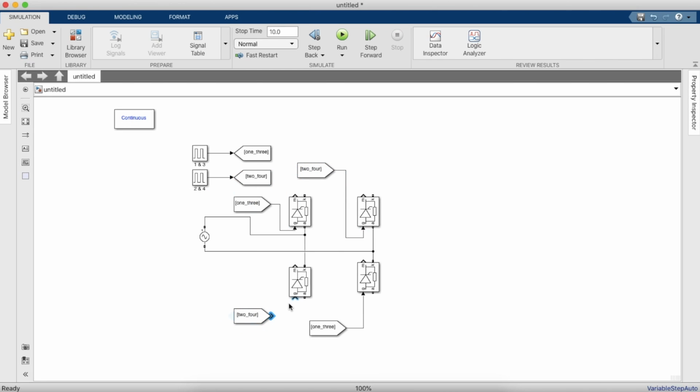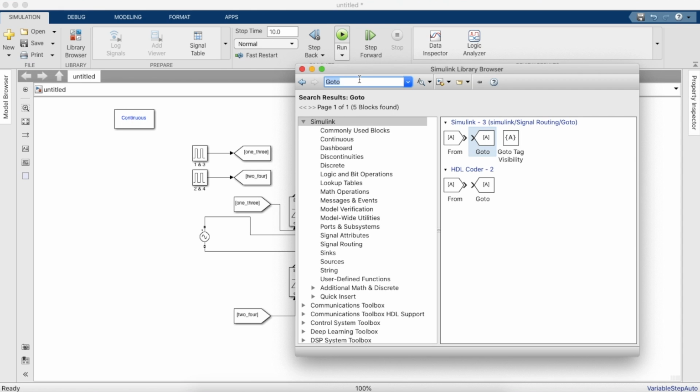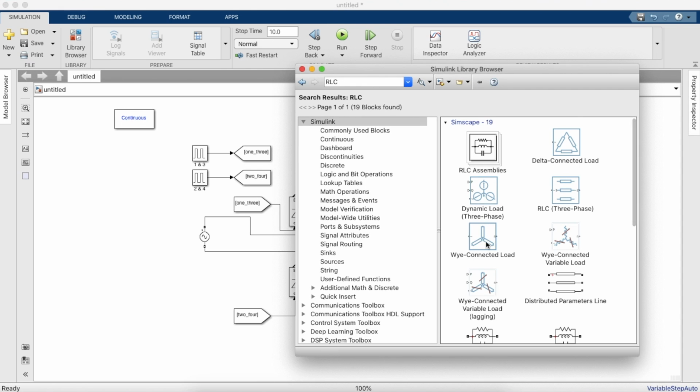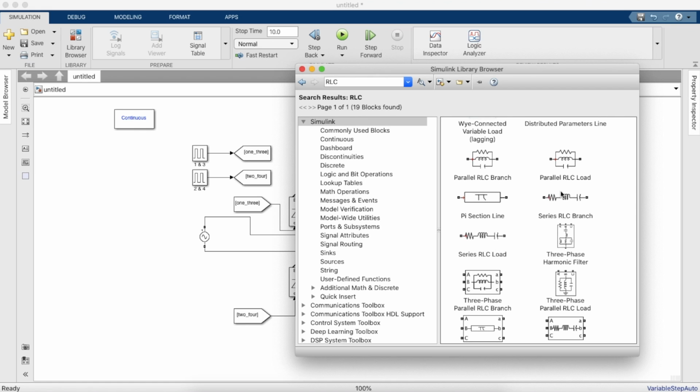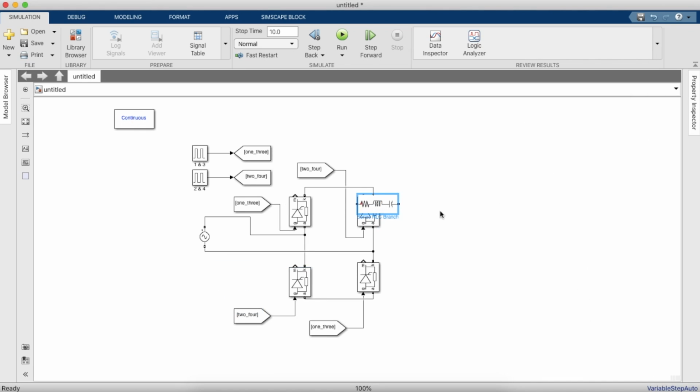So as I mentioned before, we'll have to connect it to diagonal thyristors. And now we'll need an RLC branch, a series RLC branch, which we will convert into an RL branch.